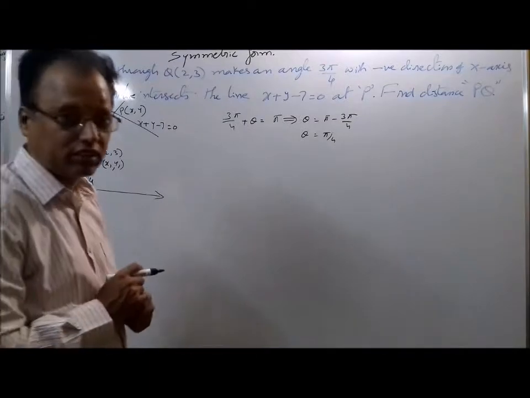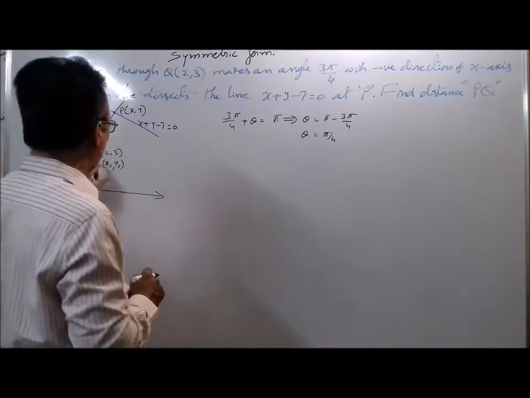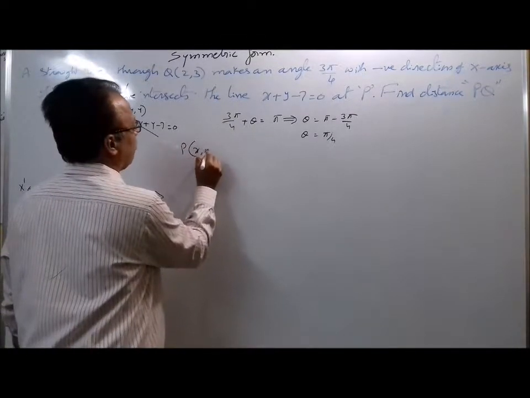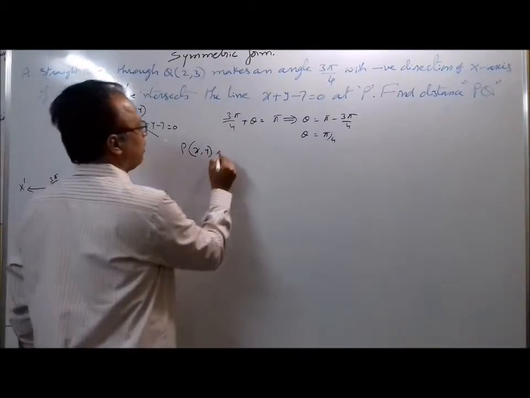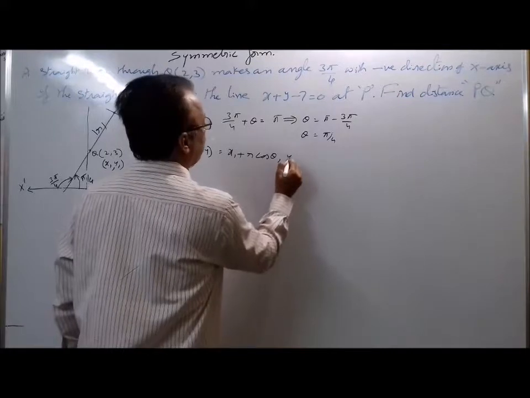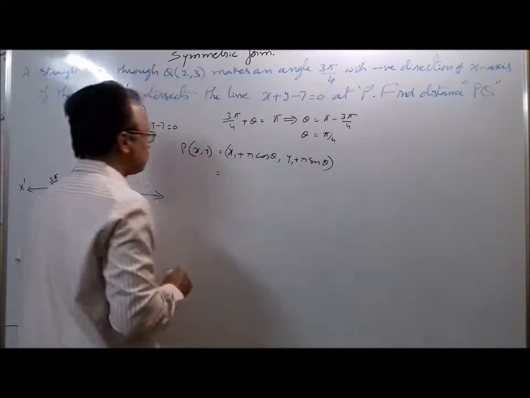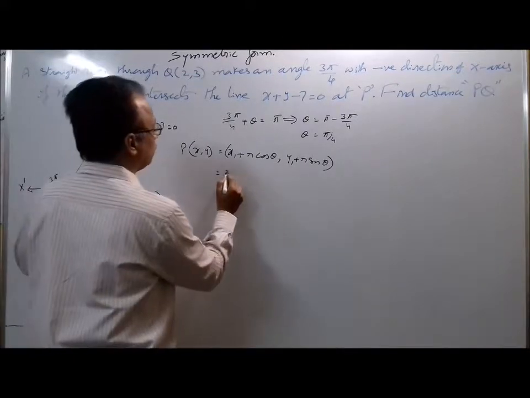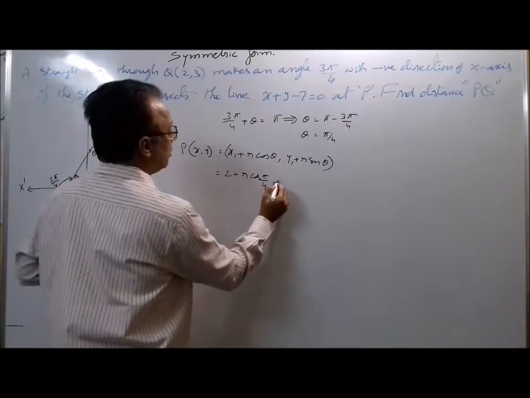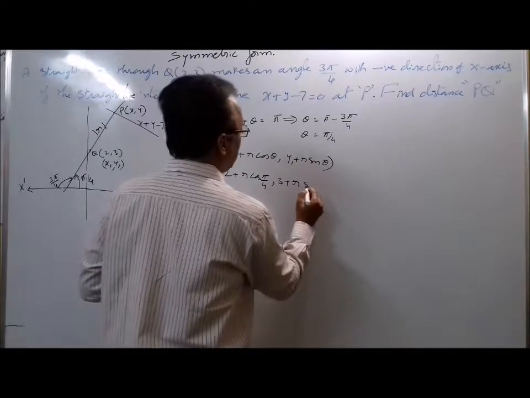Indirectly the angle was given to you. Now this theta you know, r you don't know, Q (x1, y1) you know. So find P (x, y). So P (x, y) using the symmetric form is equal to x1 plus r cos theta and y1 plus r sin theta. That is x1 is 2 plus r cos theta, cos pi by 4, y1 is 3, r sin theta, r sin pi by 4.